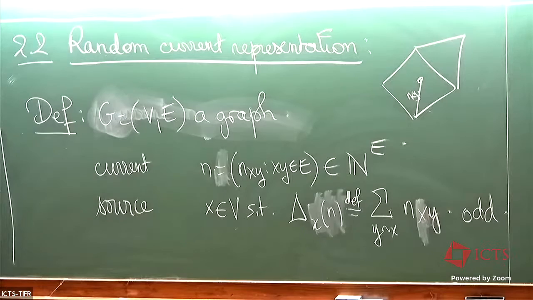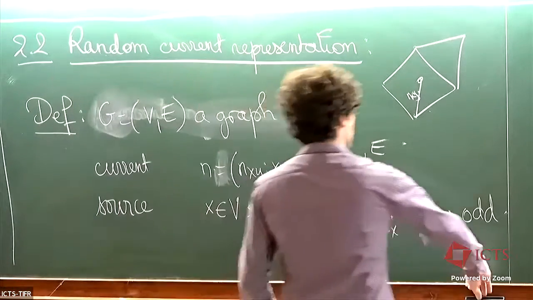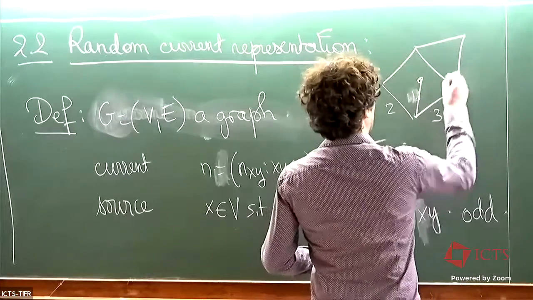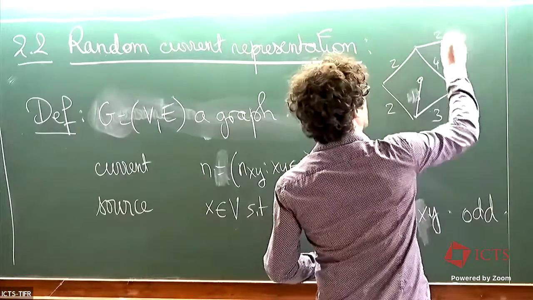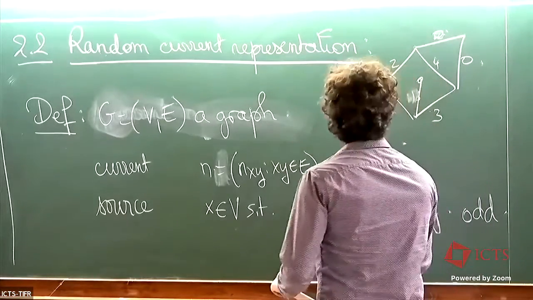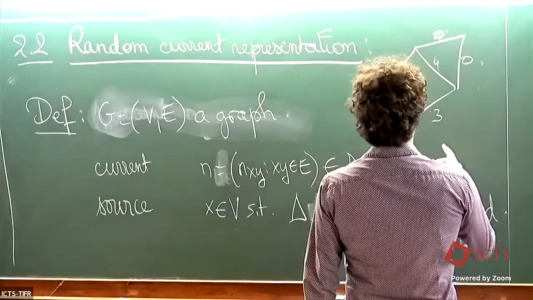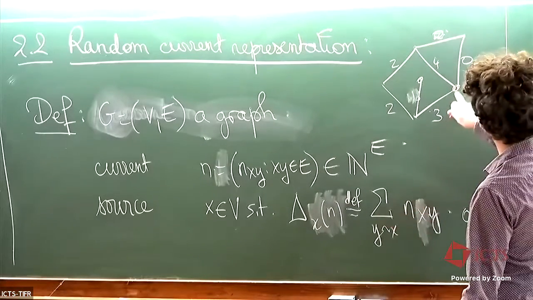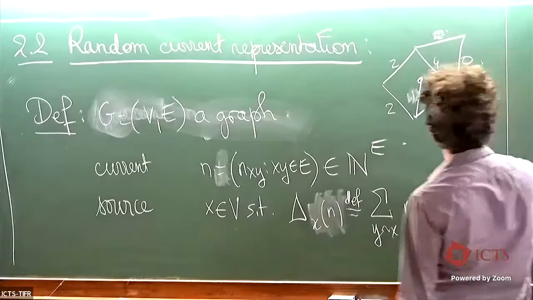I'm sorry if I'm going too slow, but I want to be sure you get these notions. So here, this point, for instance, delta_x of n is 7. So this is a source.